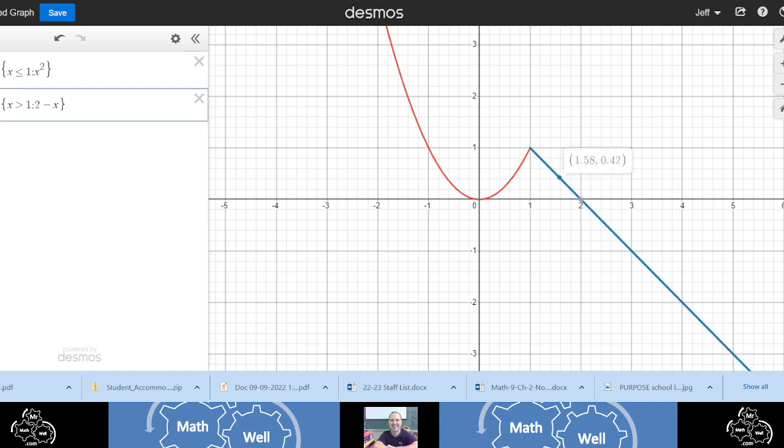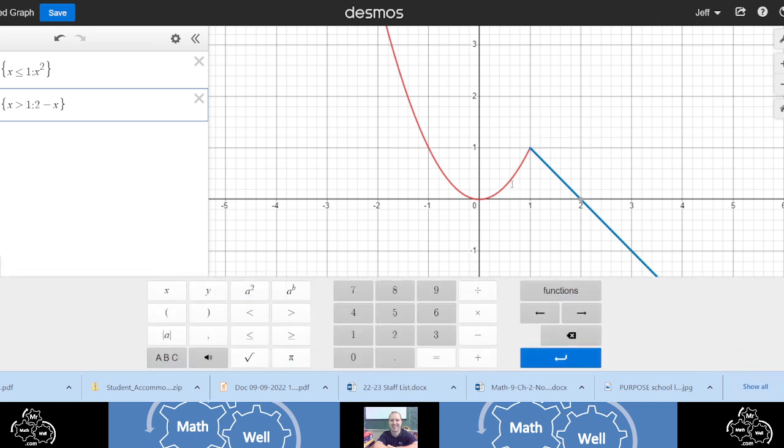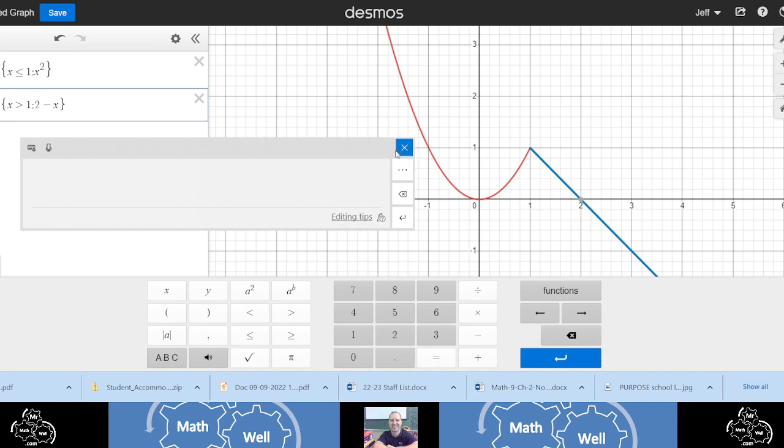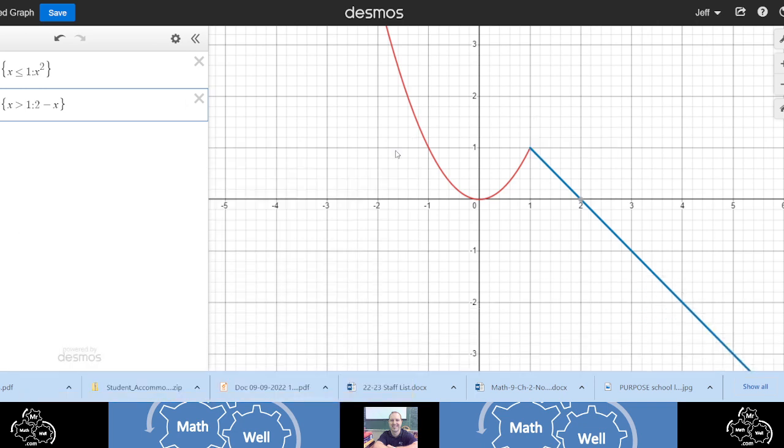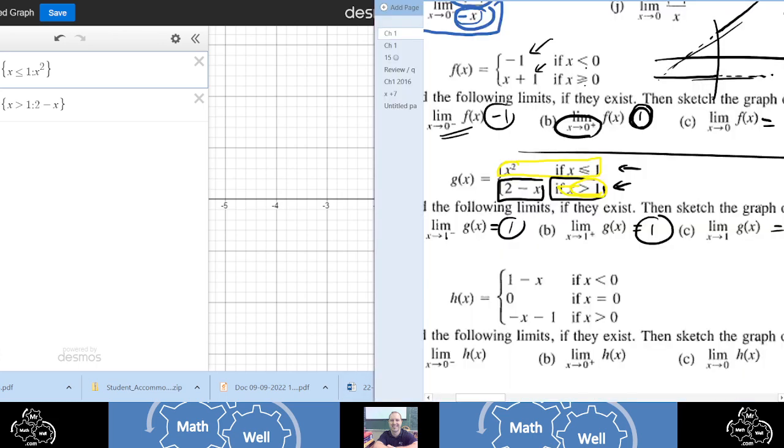And as x approaches from the right, 0.4, 0.5, 0.6, 0.7, 0.8, 0.9, boom, 1. Now, it's undefined at that exact point, because look at the blue graph. See, it doesn't include 1 over here, not or equal to. So follow the blue graph, boom, undefined. Follow the red graph, boom, it actually lands in there, 1, 1. Cool.